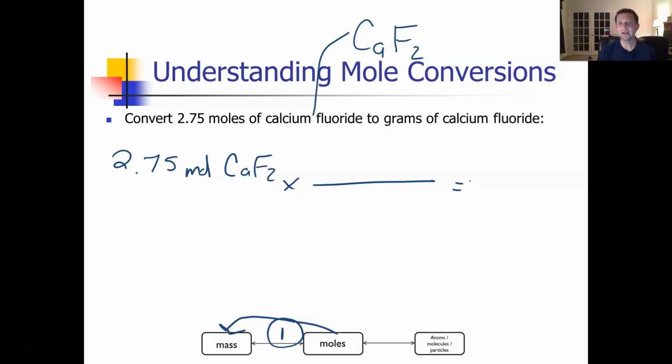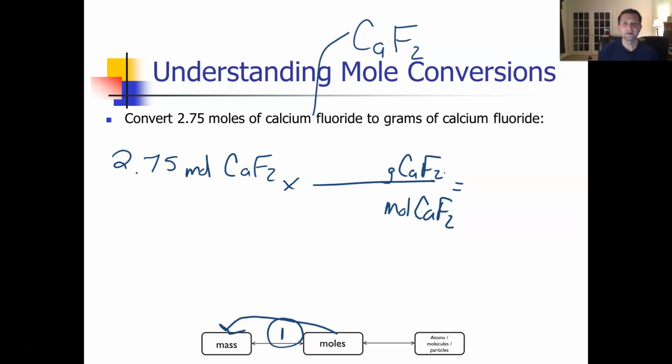I want to cancel out moles of calcium fluoride. So where does that go? If I want to cancel it out, it's going to have to go on the bottom. I want to convert into grams of calcium fluoride. Since I want to convert into that, it's going to go on top.